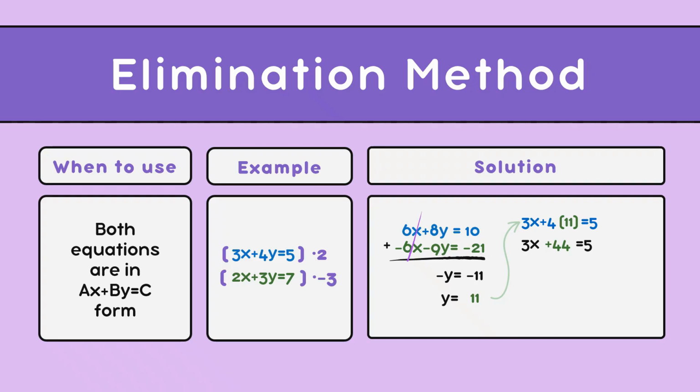Then let's add negative 44 to both sides of the equation to isolate 3x. So we have here 3x is equal to negative 39. We are going to divide both sides of the equation by 3. So x is equal to negative 13. So the solution to the system is negative 13 and 11.